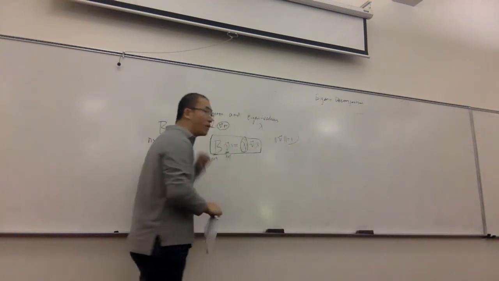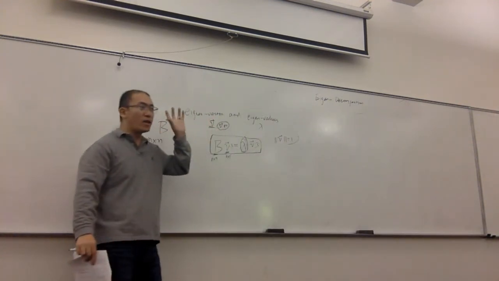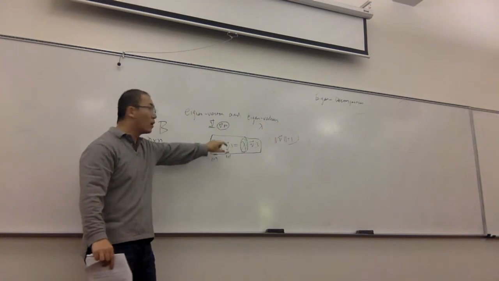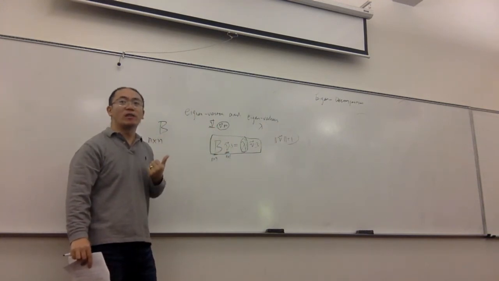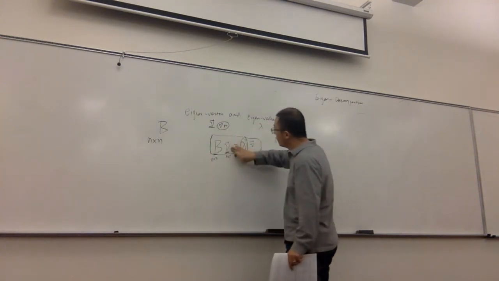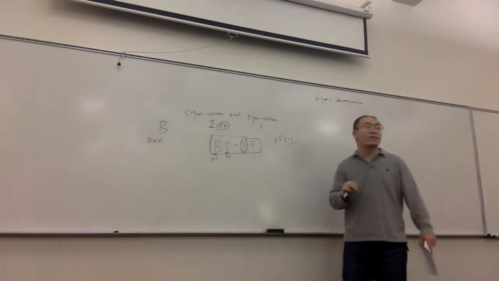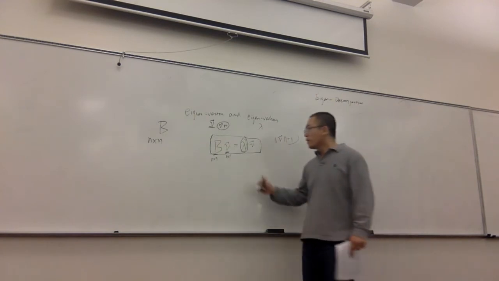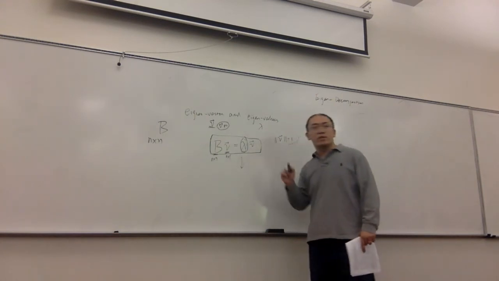Given the matrix B, let us first imagine a little bit how to obtain the corresponding eigenvector and eigenvalue. One way is to solve this equation directly.